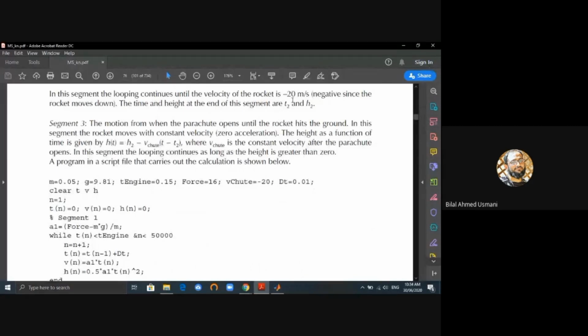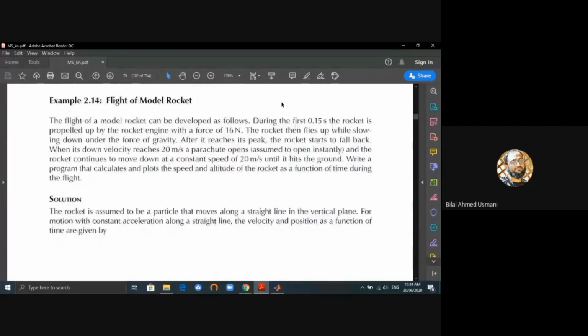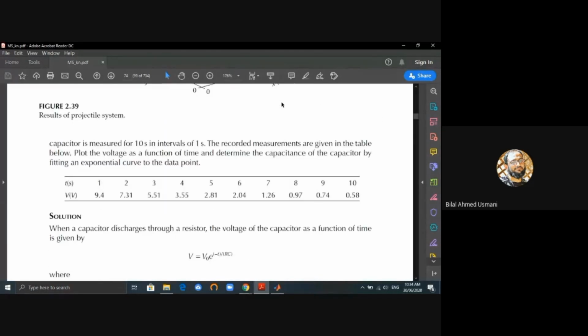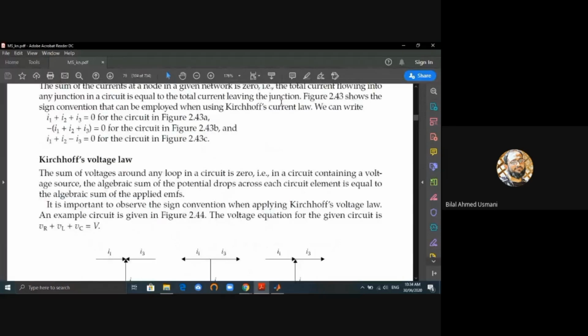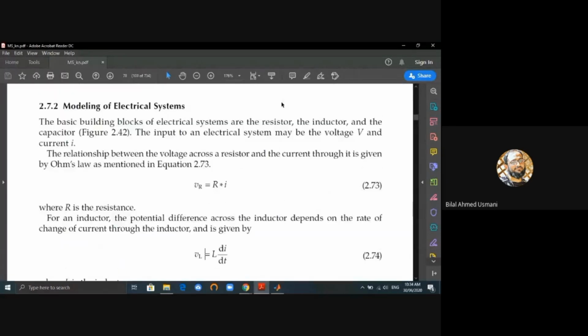These are some of the velocity curves, I think, flight of a model rocket or something. Yes, there are some examples from the electrical systems which are relatively easier to follow.